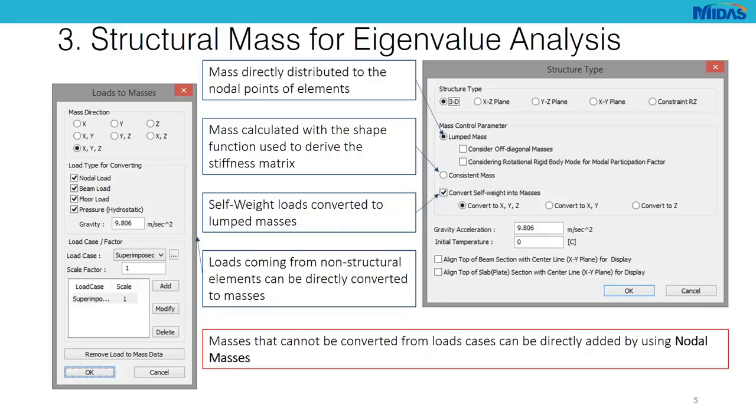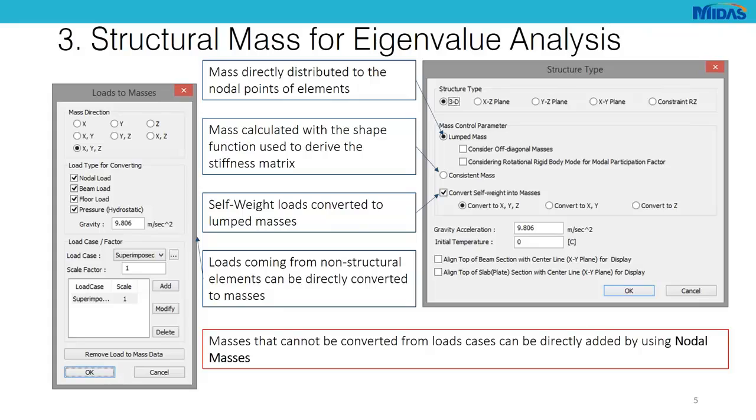And alongside self-weight, we can also include mass from existing load cases. So if we have loads from non-structural elements in the model, we can simply convert those to masses as well, considering nodal loads, beam loads, floor loads, or pressure loads.